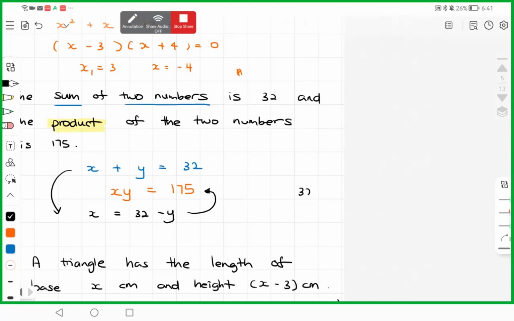So 32 minus y in brackets, multiplied with y equal to 175. So it will go back to quadratic equation form. You see? So 32 times y, 32y minus y squared minus 175 equal to 0.